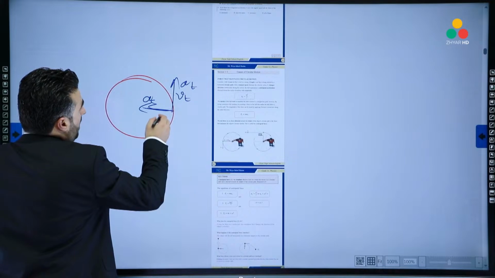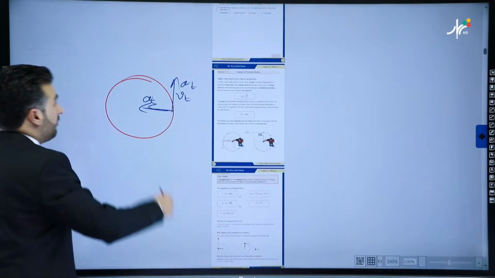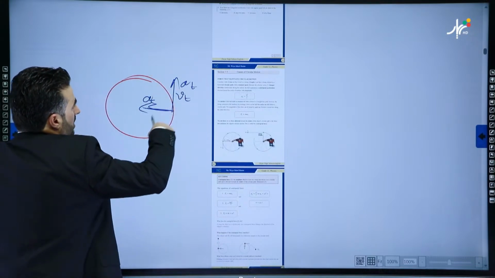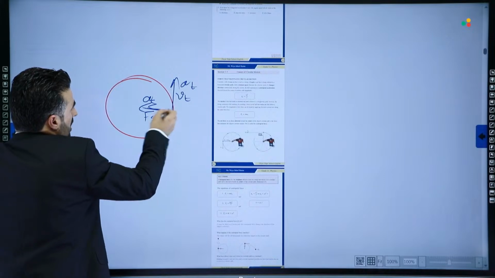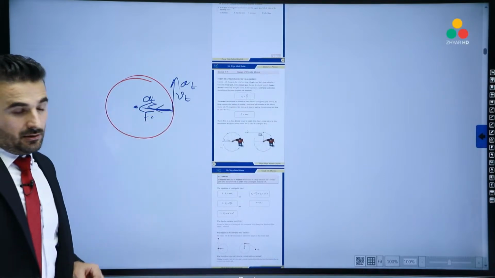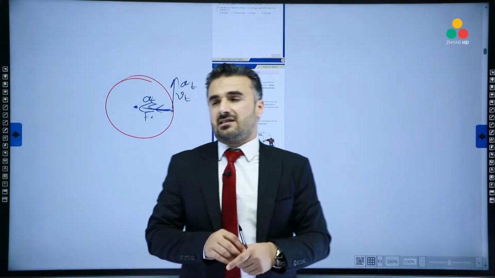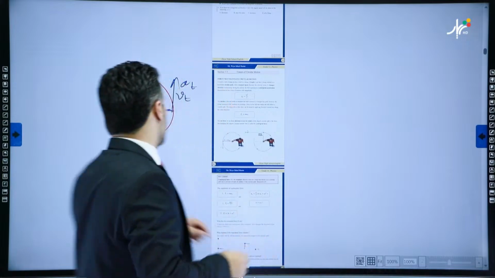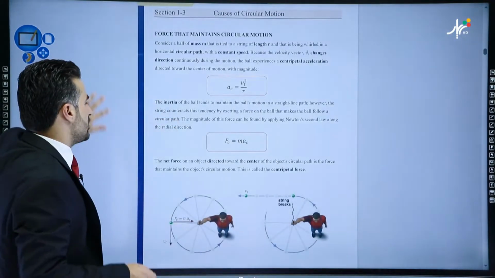But remember, we cannot have acceleration without a force, yeah? So the force that keeps changing the direction of the motion, or keeps the object in a circle, is called centripetal force, which is also directed towards the center of the circle. Using Newton's second law, centripetal force equals mass times centripetal acceleration. Very good.